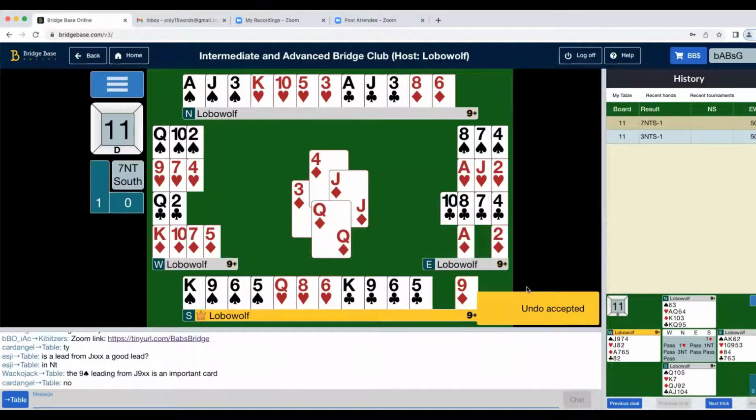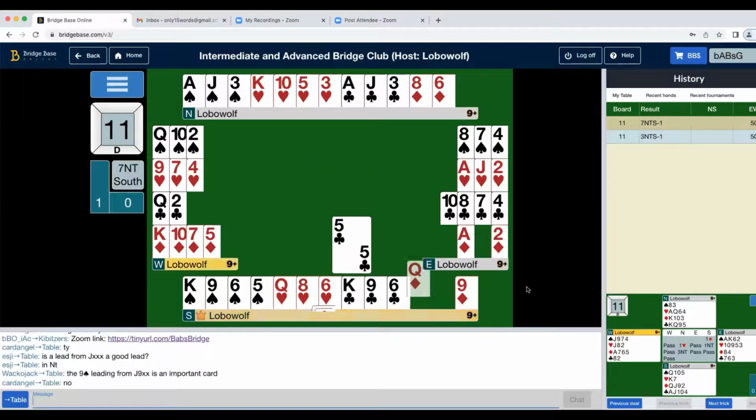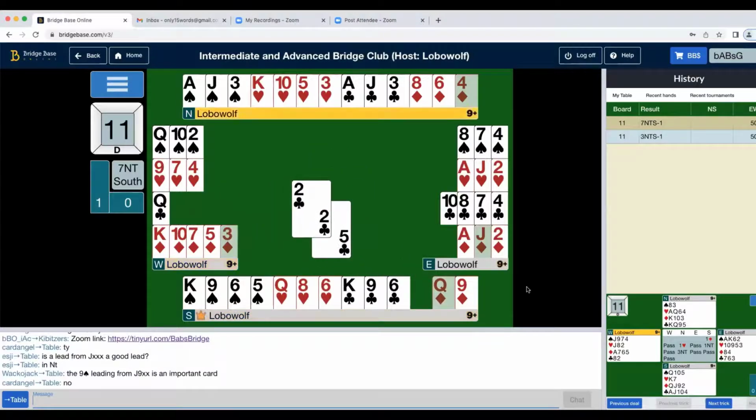So if you're declarer and you have this combination, probably the first thing you're going to do is see if the jack wins, see if West has the queen. When West does have the queen, we're still missing the 10, 8, 7, etc. We're missing a lot of stuff.